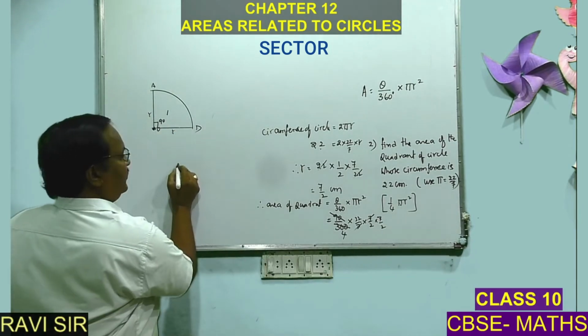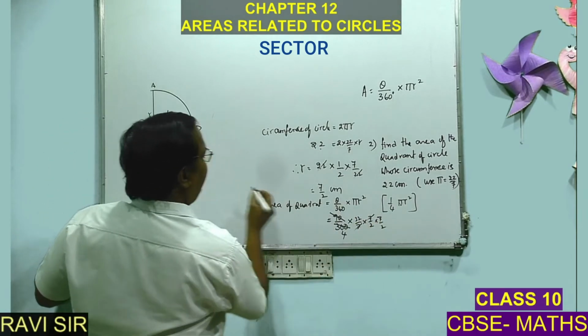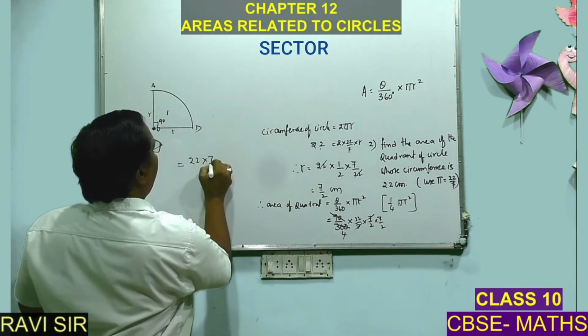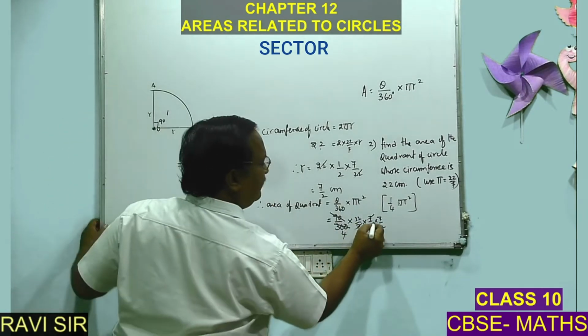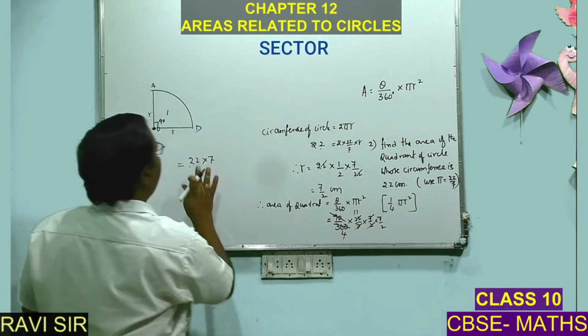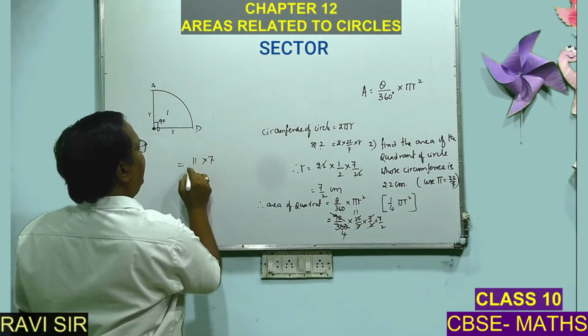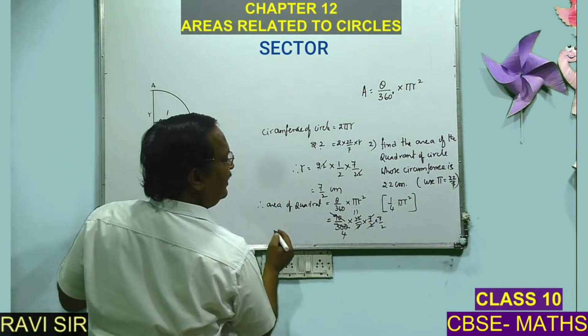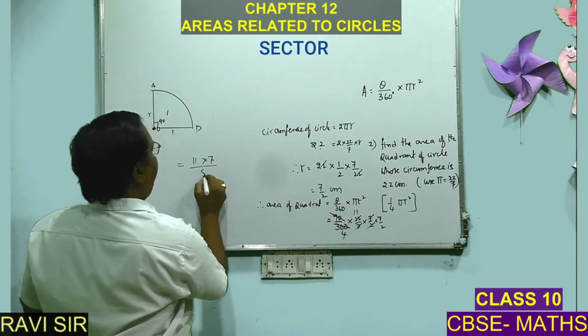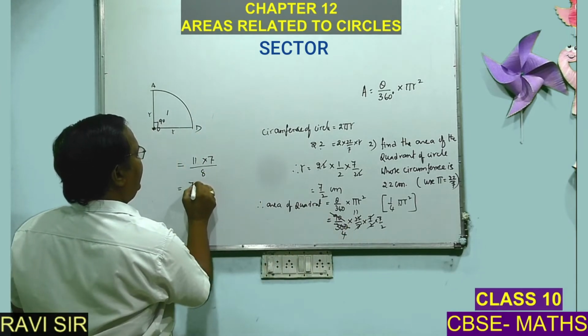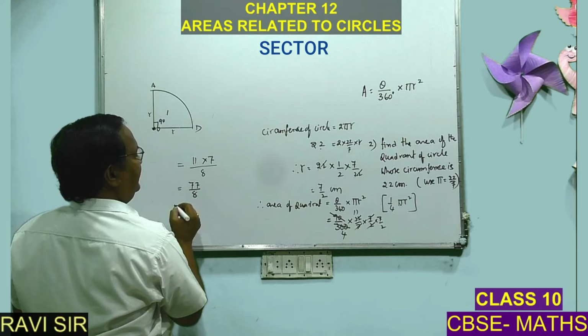So which is equal to 22 into 7. Oh, this 2 also can be cut. 11. So 11 into 7 by 4 into 2, 8. So 77 by 8.